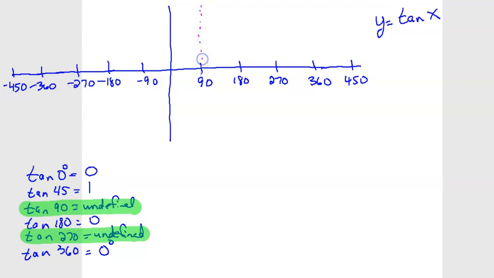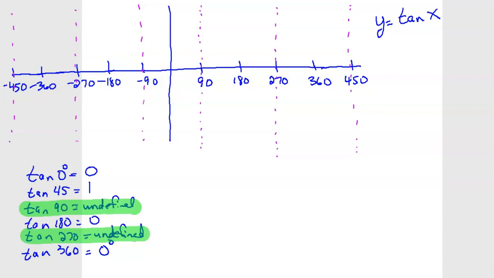There's a vertical asymptote at 90 degrees, and again at 270, and again at 450, and at negative 90, negative 270. So basically every 180 degrees, it's undefined.